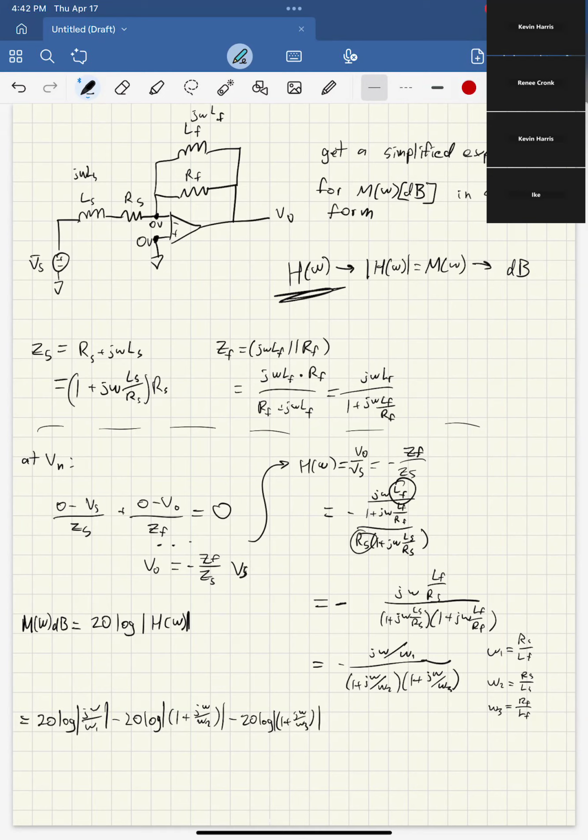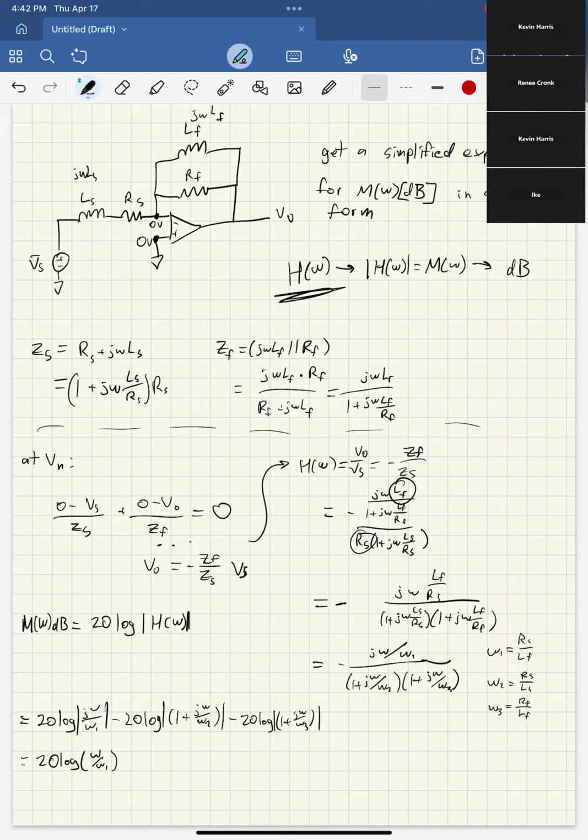Then we can take the magnitude of these things quite easily. There are two more steps. The magnitude of something that's purely imaginary is just the value itself.